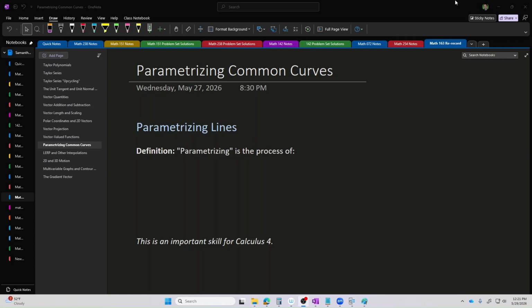In this video, I want to talk about a process called parameterizing a curve. Parameterizing a curve is the process of taking a curve and finding a vector-valued function that represents it.